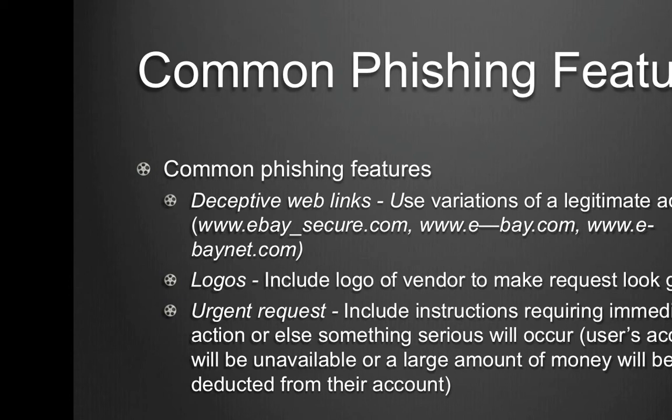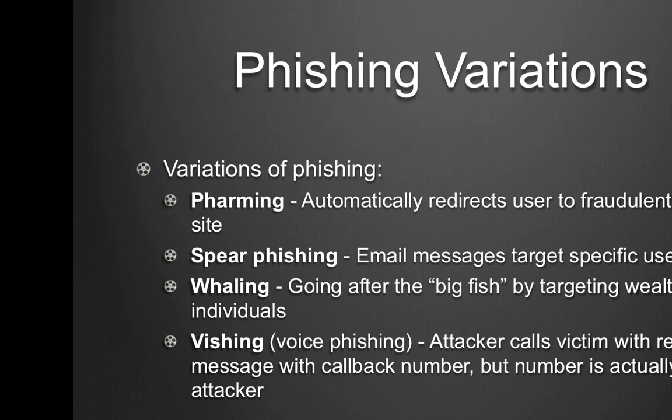Sometimes even the English has grammar mistakes, the email is not well written. And when you go to the site, the site's not really very nice. So there are certain things that may give you an idea that this is not my bank, and not a site that I usually do business with. Those are examples of phishing.